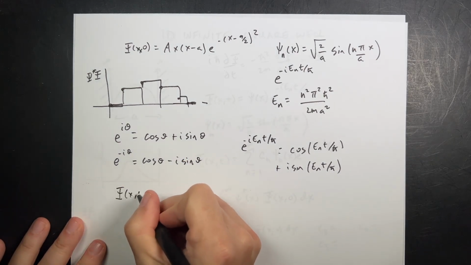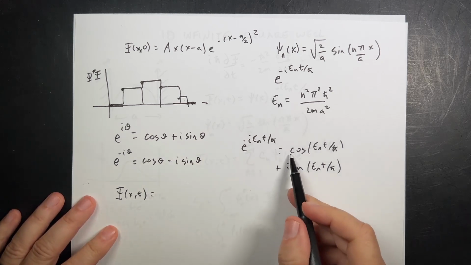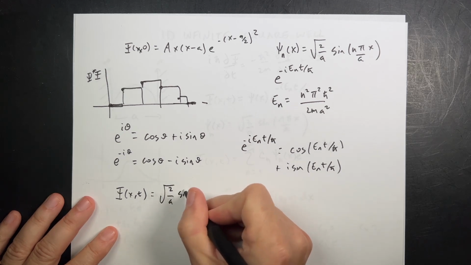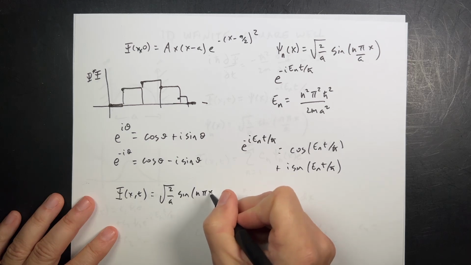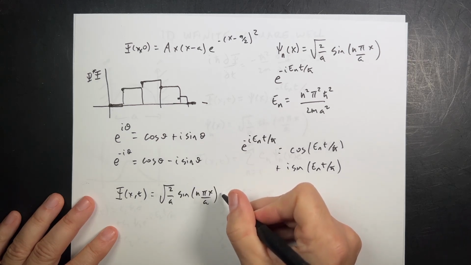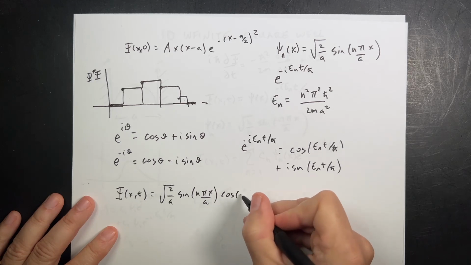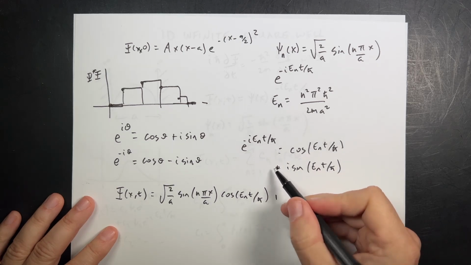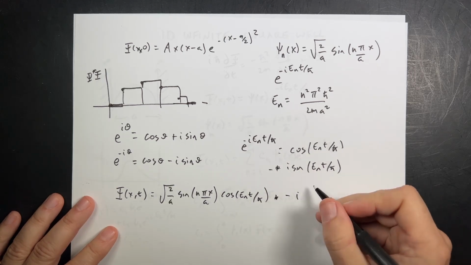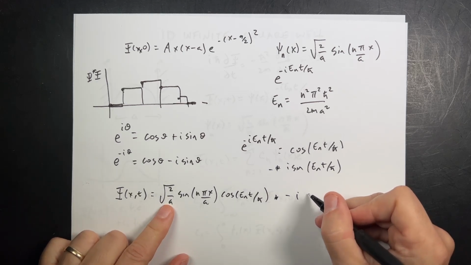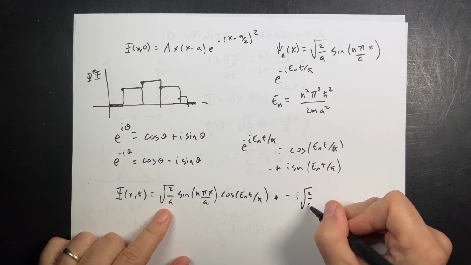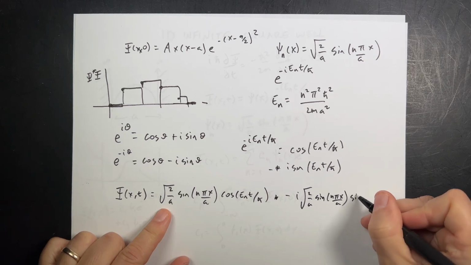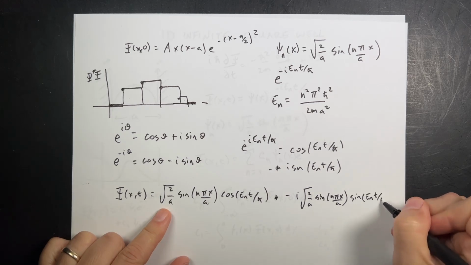Psi of x and t is going to be equal to, I'm just going to plug that in. Let's write this as the square root of 2 over a sine n pi x over a times this cosine E n t over h bar plus, oh no, it's minus i times all of this, same thing, square root of 2 over a sine n pi x over a sine E n t over h bar.